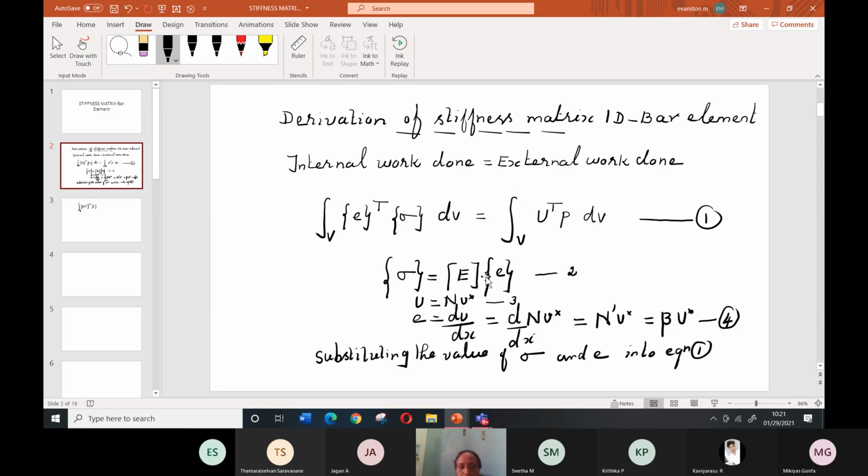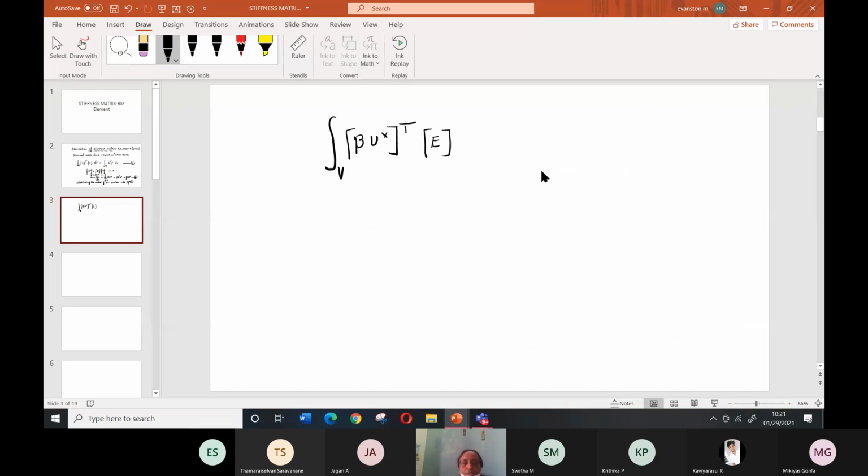So the value of e is equal to beta into U star, and I have to put the value of e into U star. That is beta and U star.